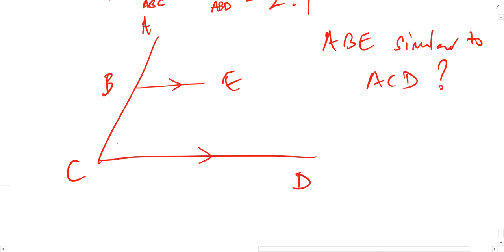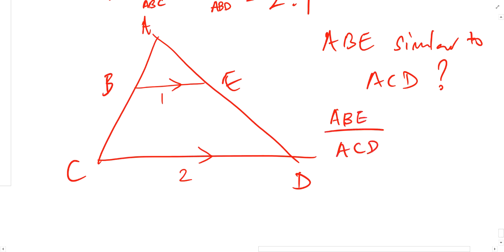Then now I will give you the ratio of the sides. Let's say this is 1 and this is 2. What is the ratio of ABE over ACD? What's the ratio of the area? Sophia says 1:4. So what's the answer?